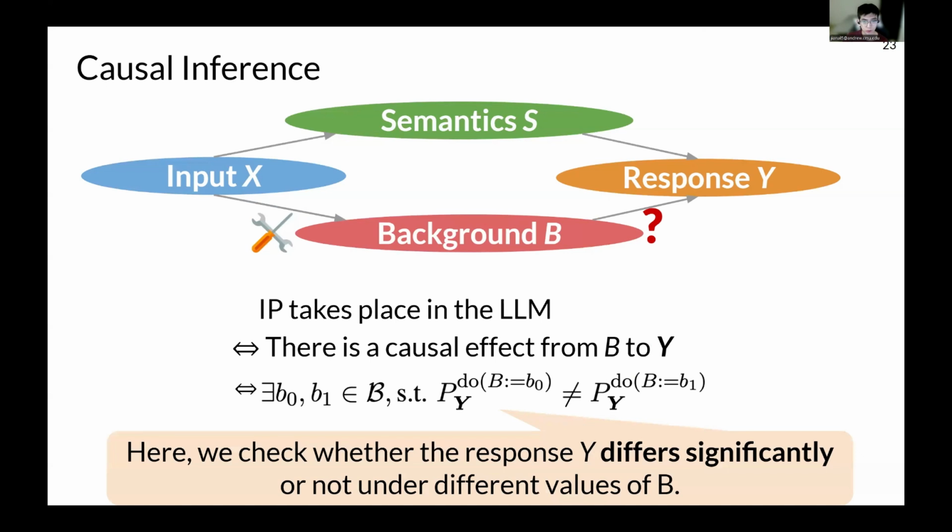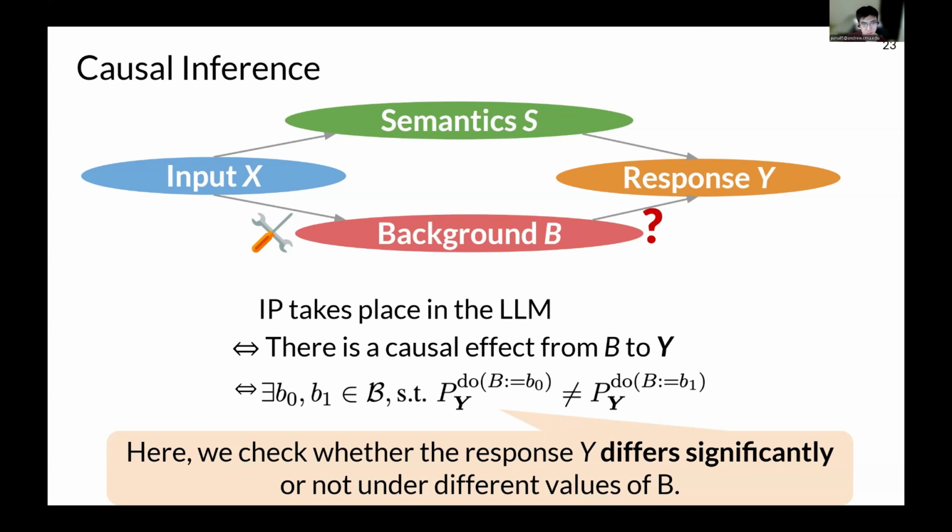So what will we do in this case? We will first focus on the distributional change between the paired responses to model the causal inference, but also control the semantics. So this is how we check the existence of a causal effect.